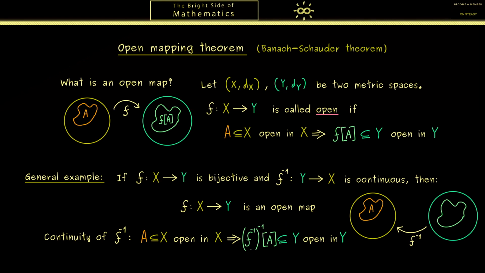You could think this is an overload of the notation, but indeed it fits together because this is simply the image of A under f. This comes from the one-to-one correspondence we have by our bijective map f. Now with this example you should see that the definition of an open map looks similar to the one of a continuous map, however it's completely different because it goes the other way around.